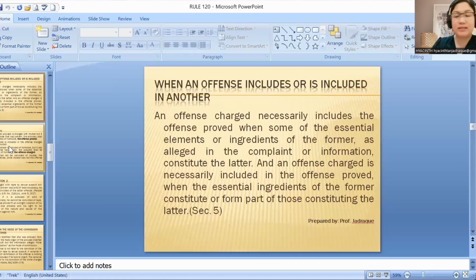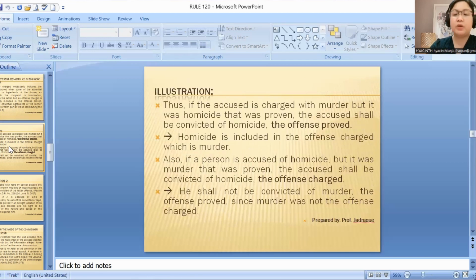So let's have an illustration to apply the provision of the rules.